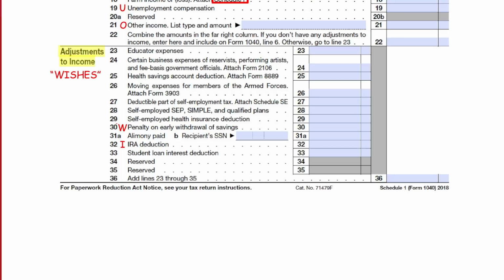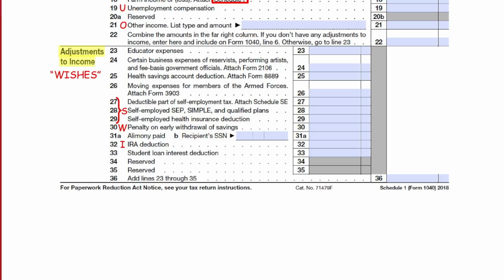Draw a bracket from line 27 through line 29 and write S, because this S of WISHES stands for self-employment deductions. Line number 27 is the deductible part of self-employment tax.